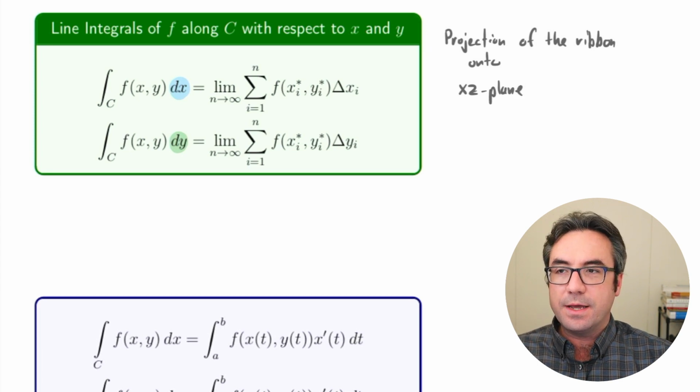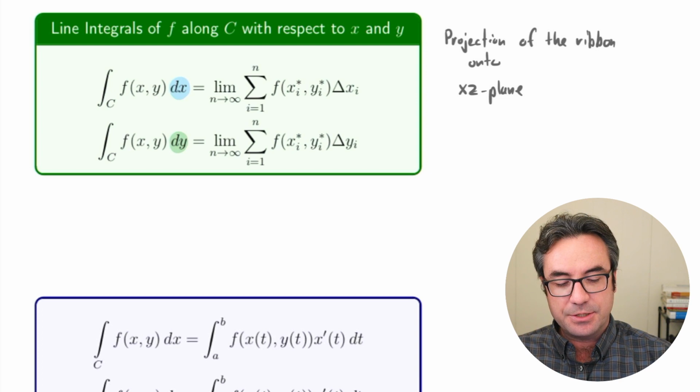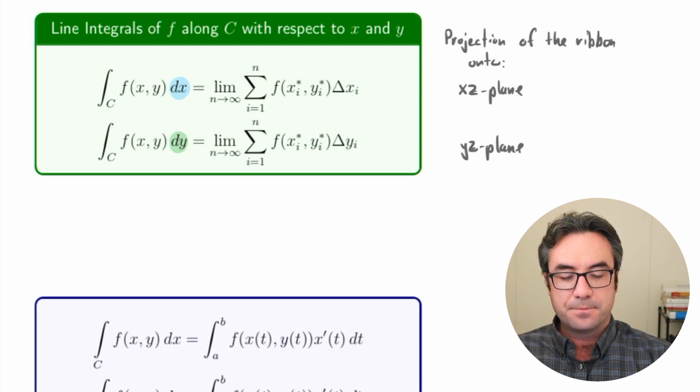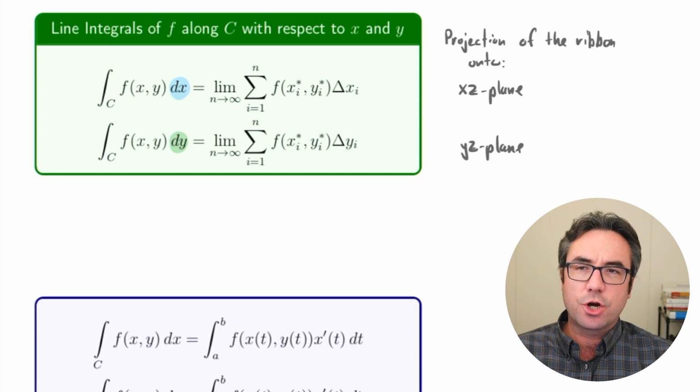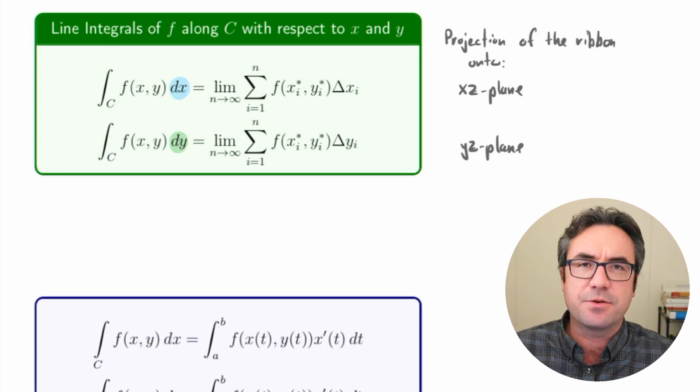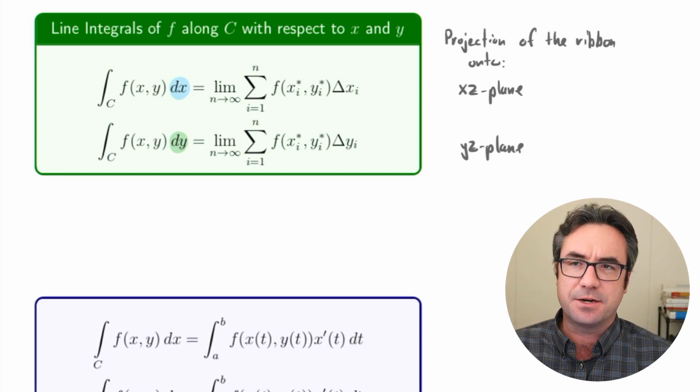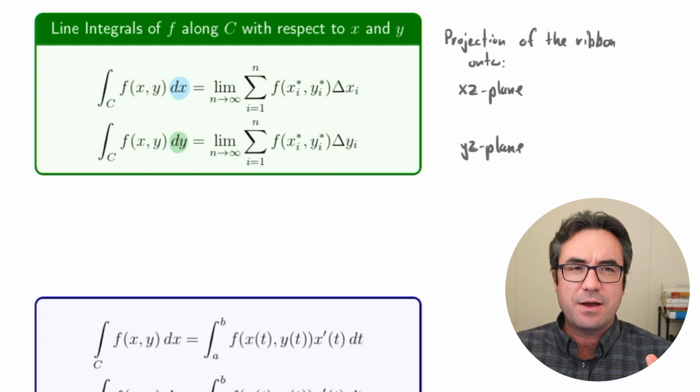And for the y integral, we're going to project it onto the yz plane. So you can imagine the curve being squished down onto either the x-axis or the y-axis here. So we're projecting that ribbon onto either the xz plane or the yz plane.